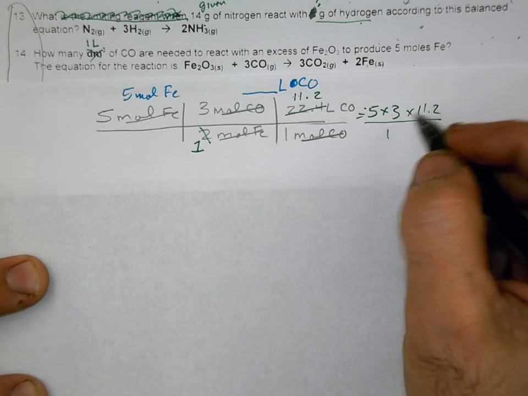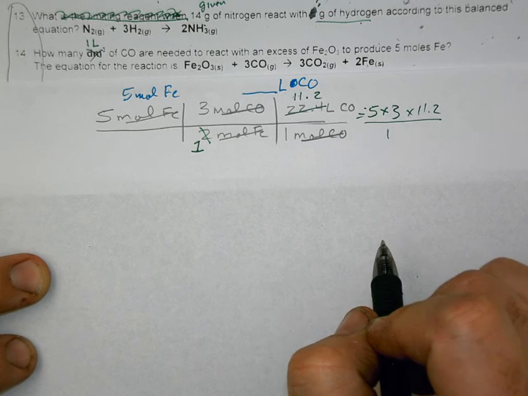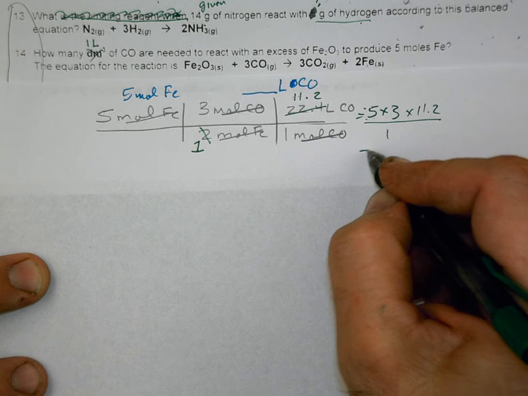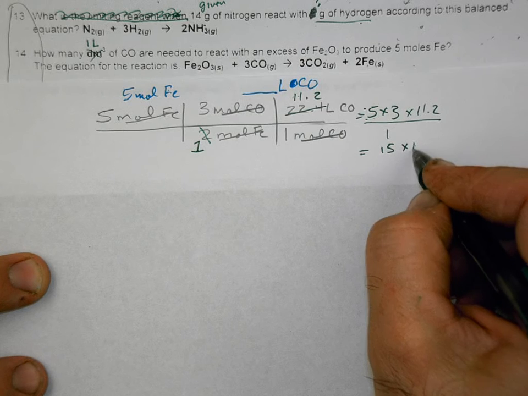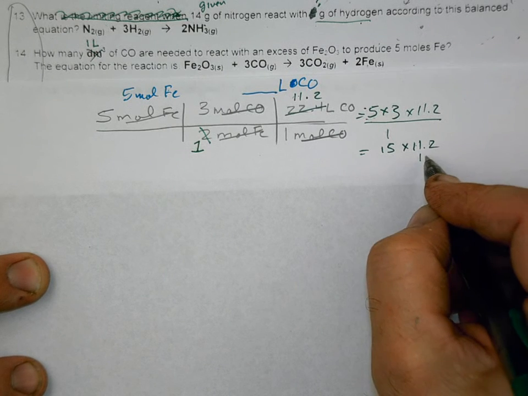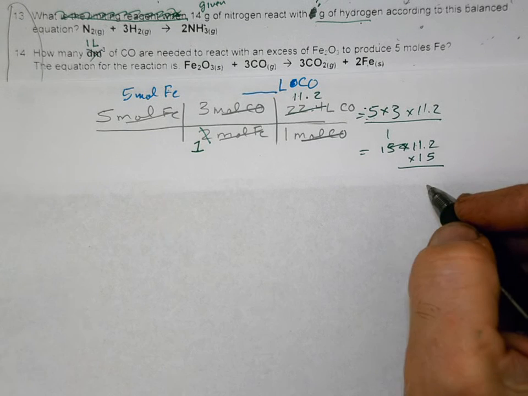Now in this particular problem, of all the problems we practice, this is one of the few that just doesn't break down any easier. So this will be the same as 5 times 3 is 15 times 11.2. So we just got to set that up. 15 times 11.2.